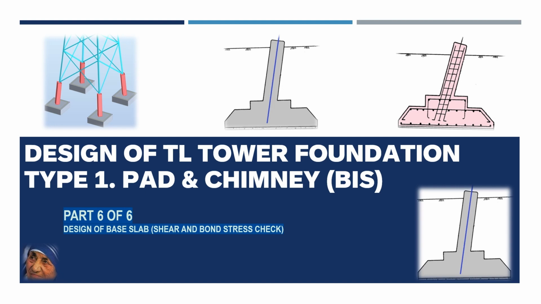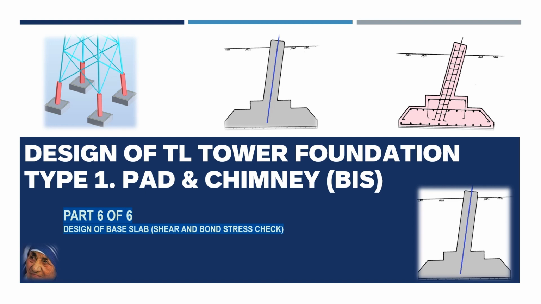Before watching this video, we request you to watch our previous videos. Start from part 1. We had seen how to extract the tower geometry from the structure design and the design foundation loads, followed by soil parameters and foundation geometry required for the design of this type 1 pad and chimney transmission line tower foundation.